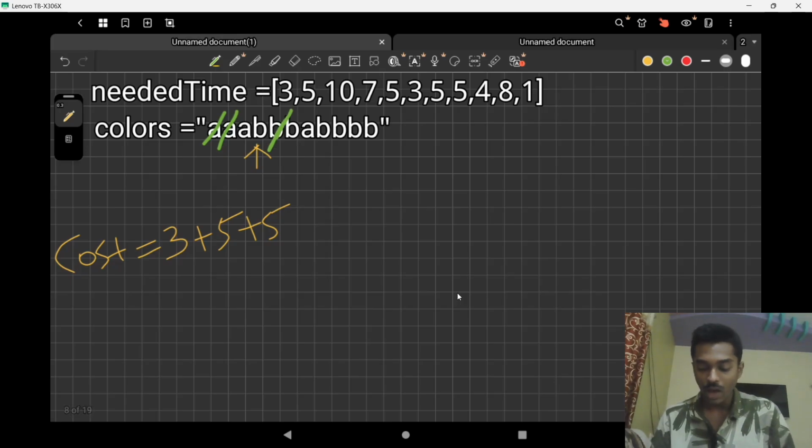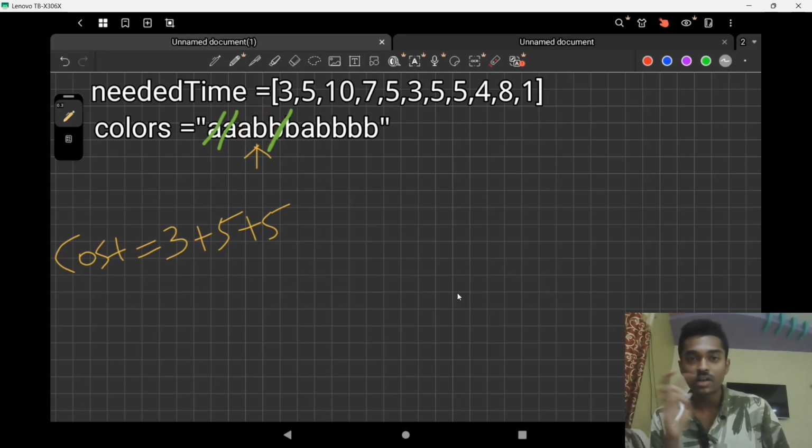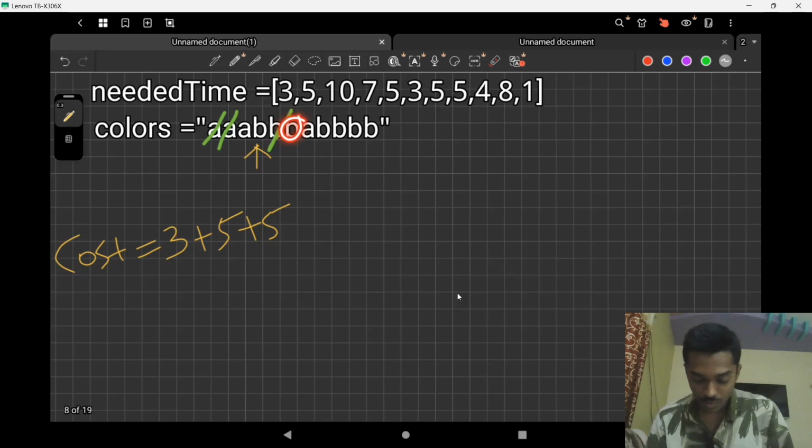Now our previous stays the same, but when we are traversing, we just have to compare previous and current. So when we are on this b, we have to compare it with this one. Instead of that, we can simply exchange them.